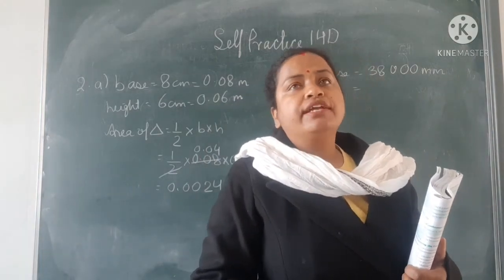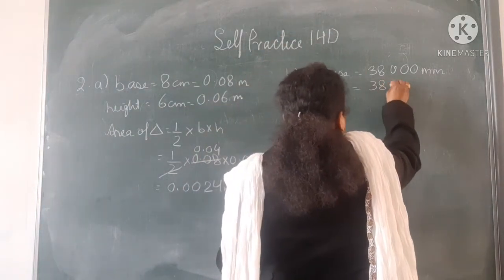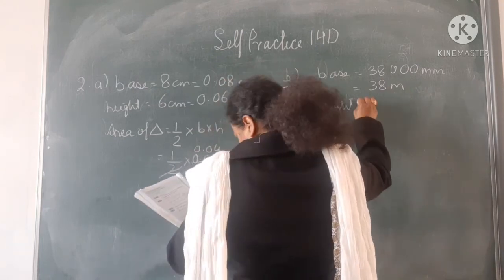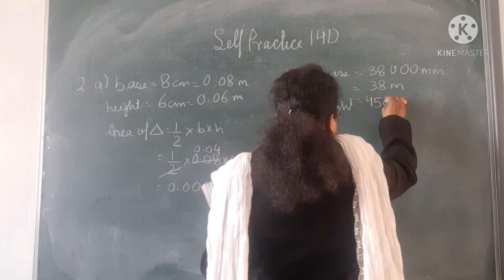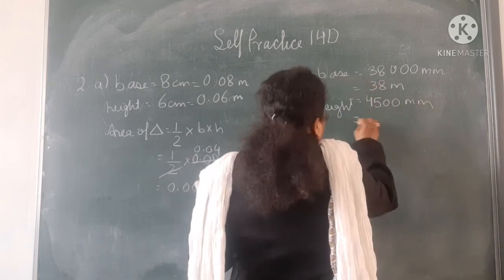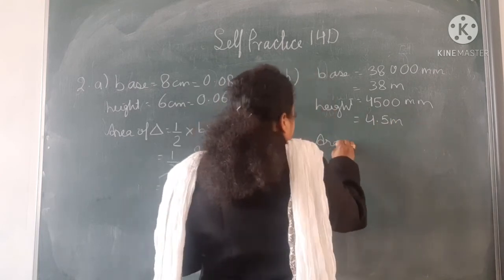So for that you will divide by 1000. So you will get it as 38 meter. Now height, 4500 millimeter. So what you will get? 4.5 meter. What will be the area?